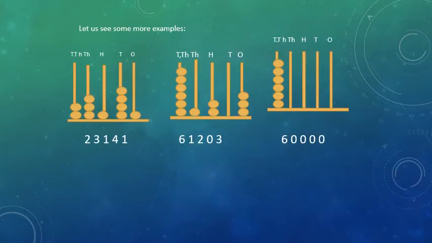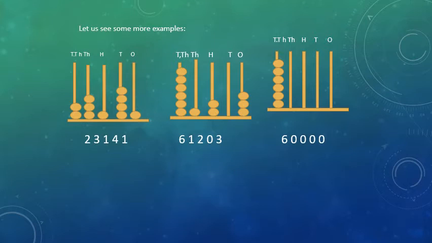Let us see some more examples of how 5-digit numbers are represented on an abacus. So here the number given is 23,141.